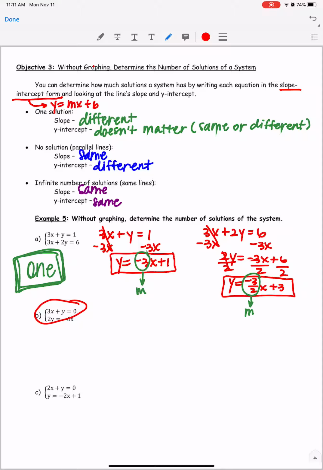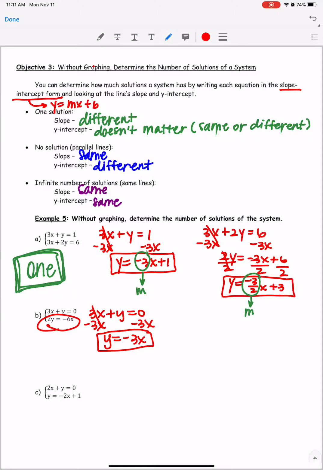Now, take this one, that top one, solve it for y. So I've got 3x plus y equals 0. Subtract your 3x. So I've got y equals negative 3x. Take this bottom one here and solve it. So we've got 2y equals negative 6x.